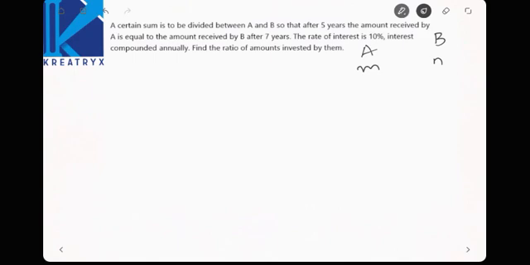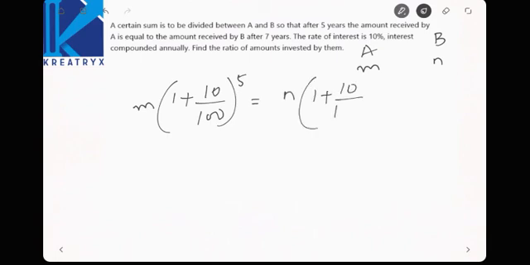Now when the principal amount is m for A, he invested for how many years? 5 years at the rate of 10%, and that is equal to B, who invested n amount at 10% interest rate for how many years? 7. But they got equal amount, so I made it equal, right?